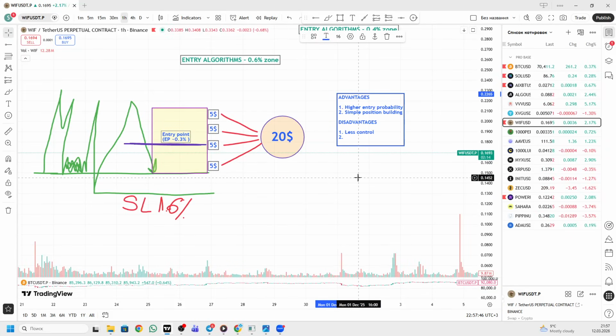The second point is there is a higher chance of taking the full loss. What does it mean? If the asset fills all of your limit orders, all $10 or $20, and then goes to the 1.6% stop, then the loss will be based on the full loaded amount.